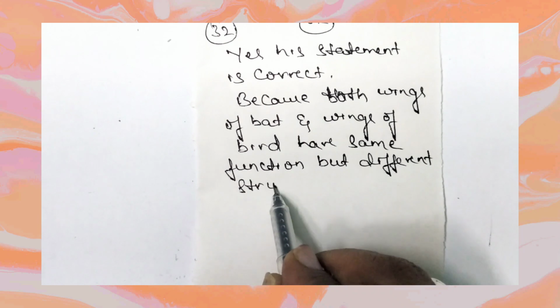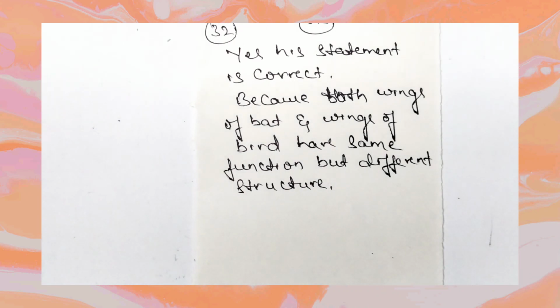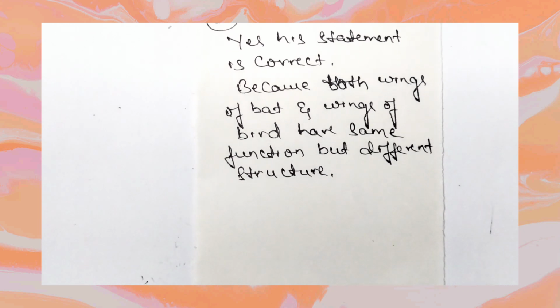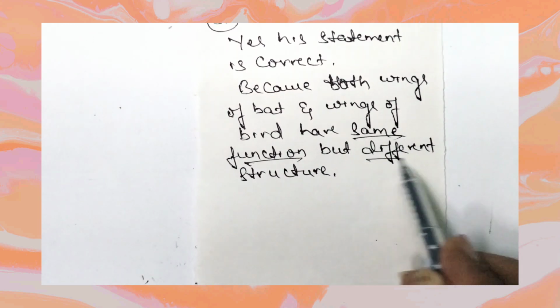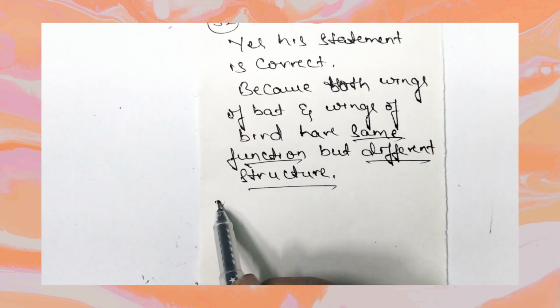Both are having different structure but both are doing the same function. So that's why the student says that these organs are analogous organ, because both have the same function but different structure. Function same, structure different, therefore it is called analogous organ.